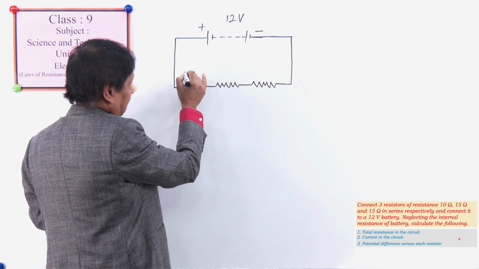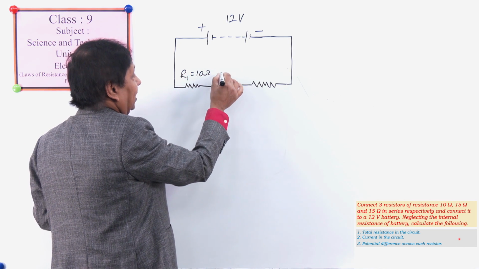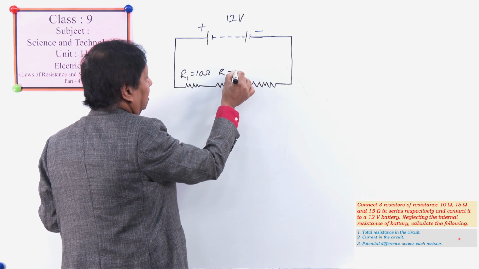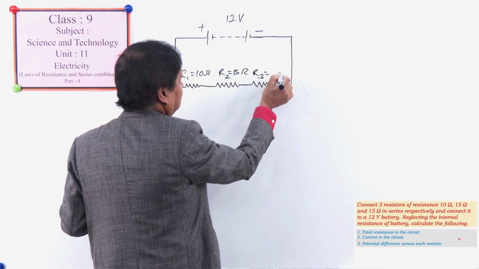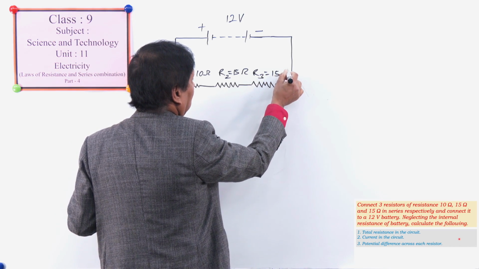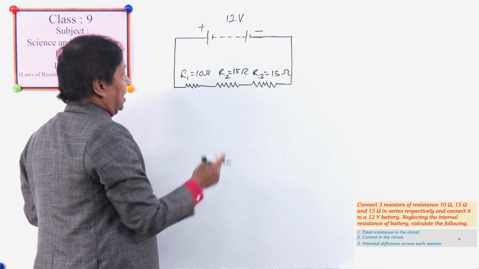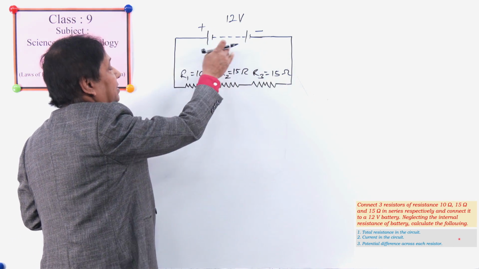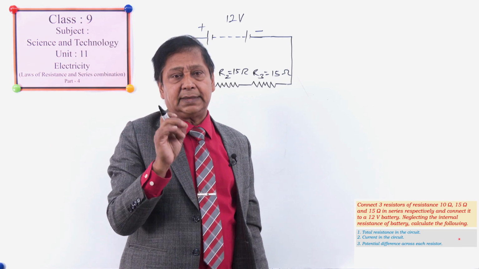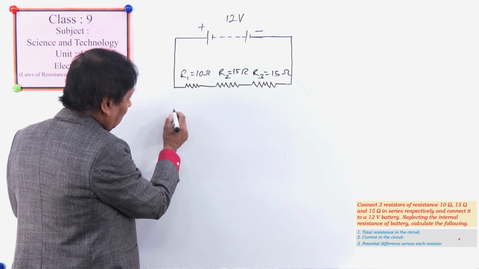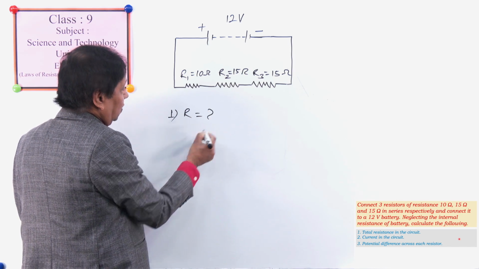This is R1, R1 is equal to 10 ohm. Let's say this is R2 equal to 15 ohm, and this is R3, equal to again 15 ohm. And a 12 volt battery, if internal resistance is neglected, then what is the question? Total resistance in the circuit. Number 1, resistance is equal to question mark.